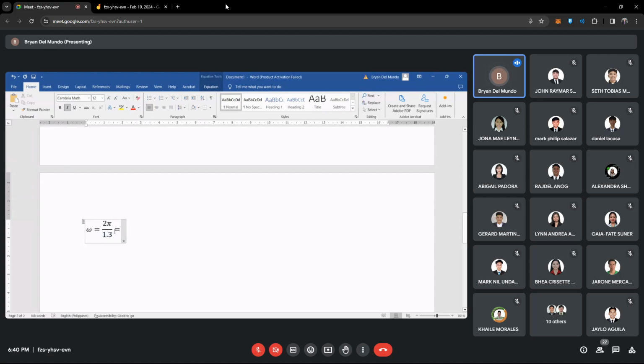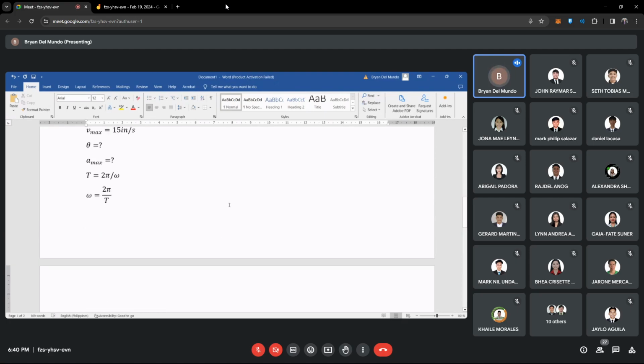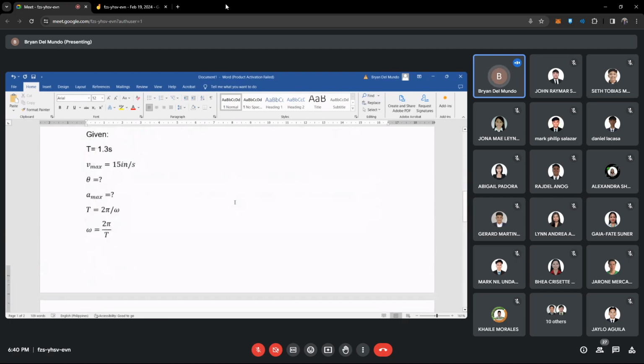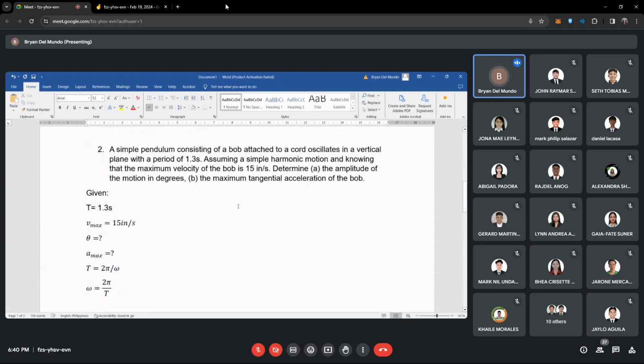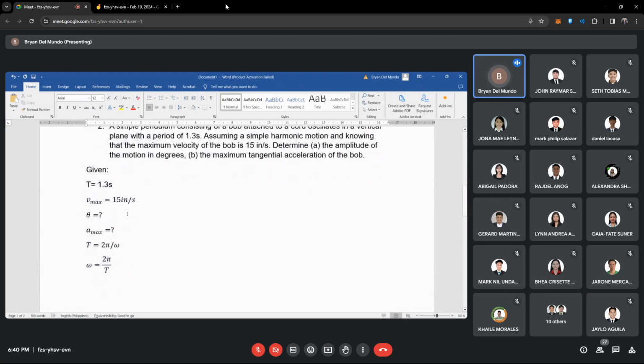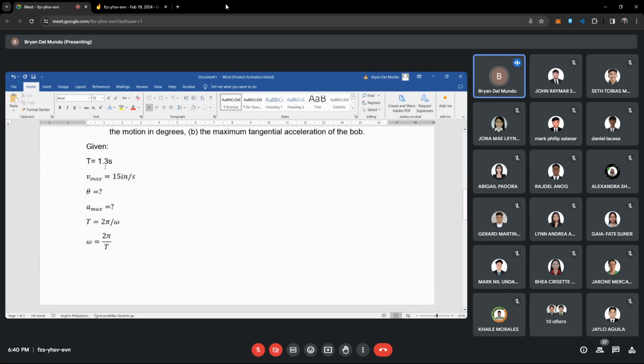So it is all equal to 4.833 radians per second. So now that we solved yung ating omega n, so mahanap na natin yung amplitude. Since mayroon tayong given dito na maximum velocity. So ano bang formula ng ating maximum velocity?